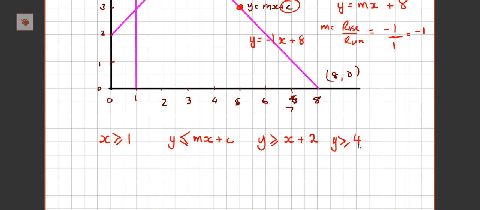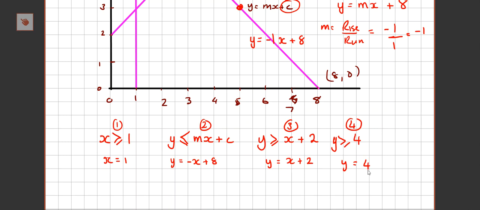Okay, so what we have there is four inequalities, and each inequality is represented by a line. So actually we are looking for x equals 1, y equals minus x plus 8, which we've already worked out, y equals x plus 2, and y equals 4.